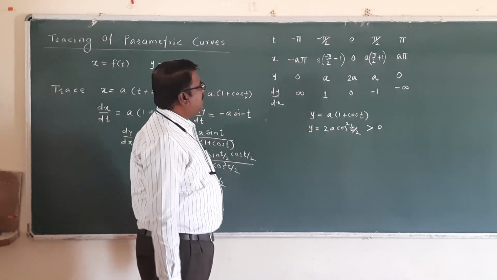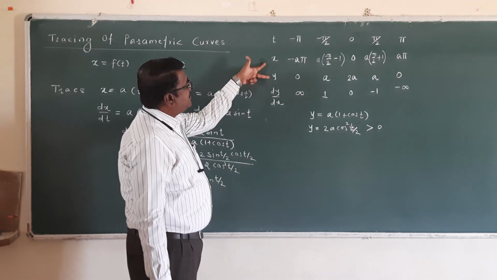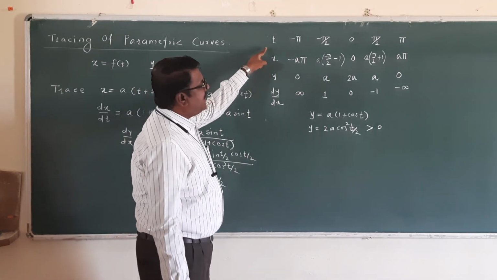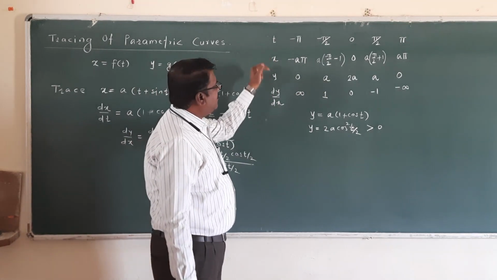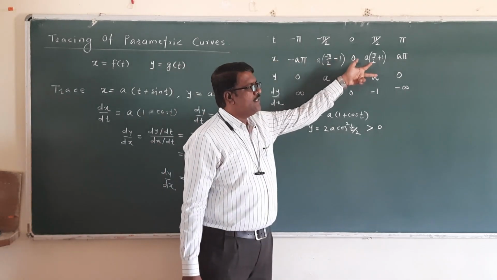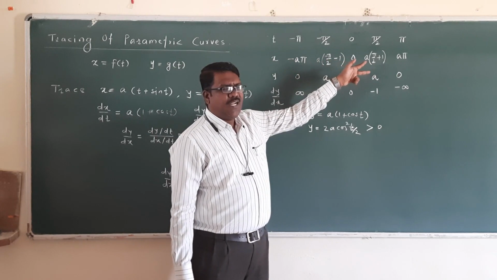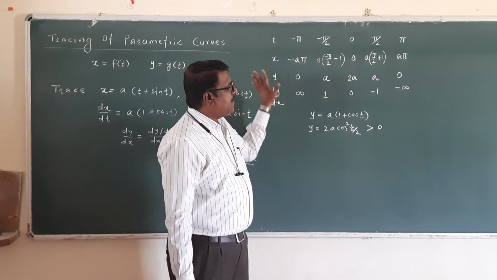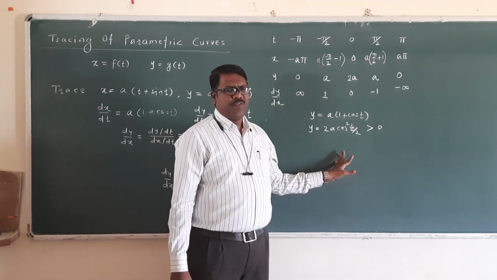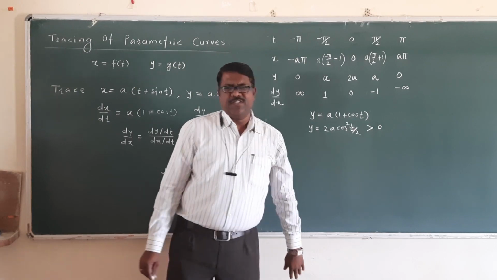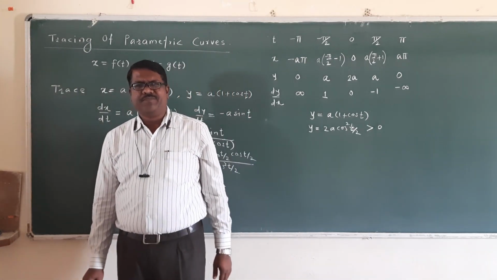Now after getting these points, see what this table gives. This table gives the special points and the tangents at these special points, and by using this table we can draw the curve. So the final point is the shape of the curve.